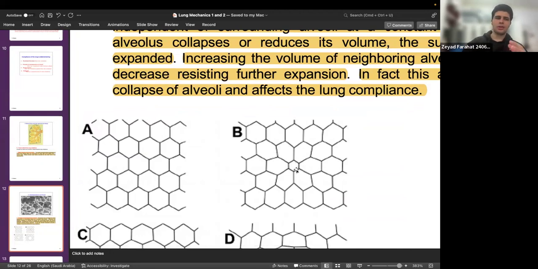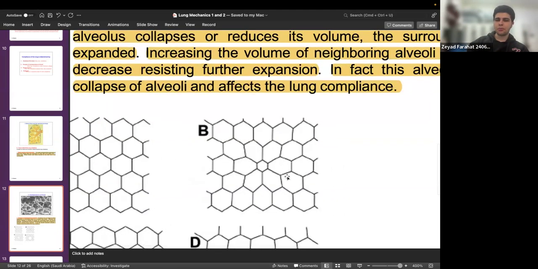Because if this one, for example, collapses, because we said lungs have a tendency to collapse with expiration, and you'll see in a bit why specifically, because this is part of a different lecture later on. But generally speaking, if they here get compressed like this, the others around it are increasing in size. So we said increase in volume.